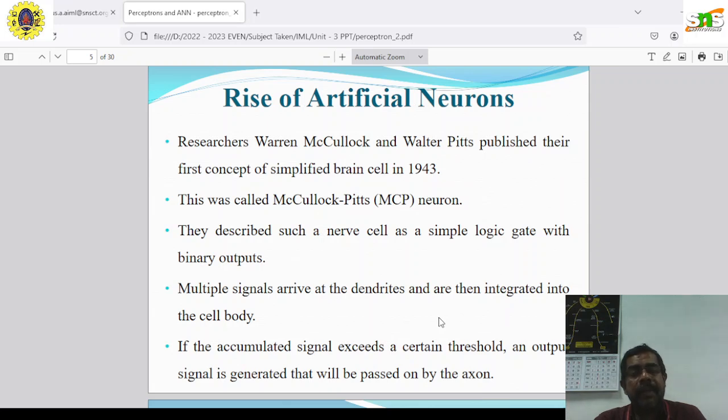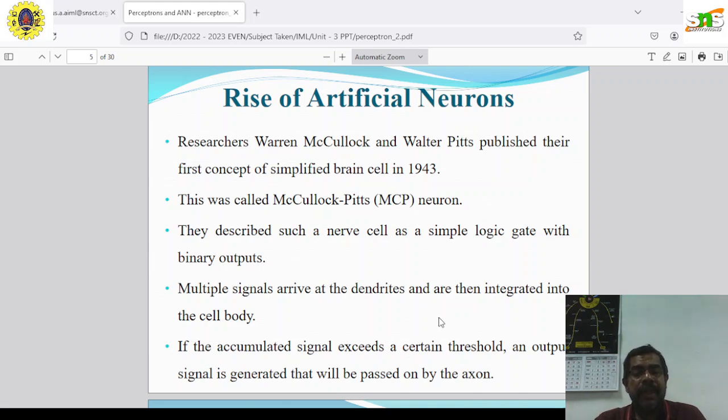They described the nerve cell as a simple logic gate with binary outputs. The main artificial neuron activity is based only on the concept of yes or no, that is, binary outputs, either 1 or 0. All these things can implement the purpose of logic gates.